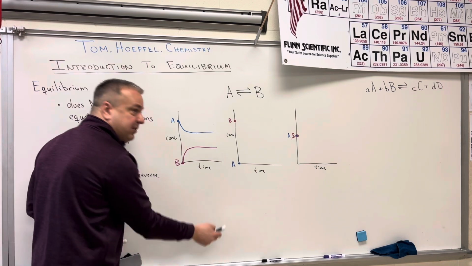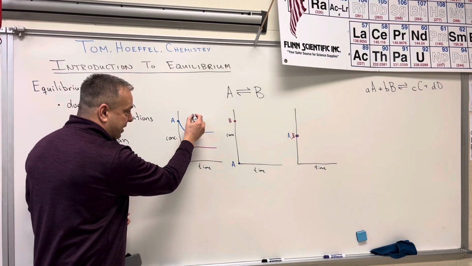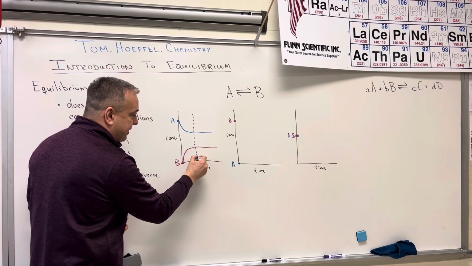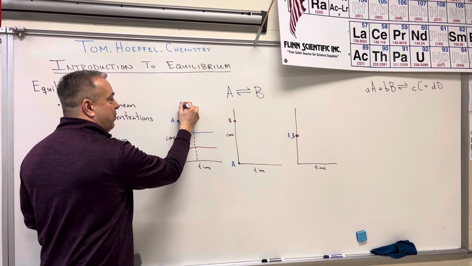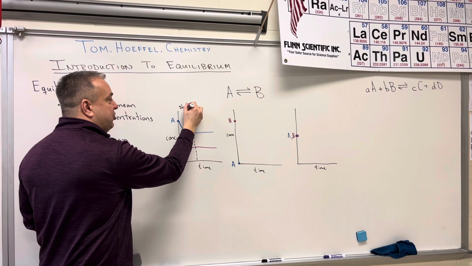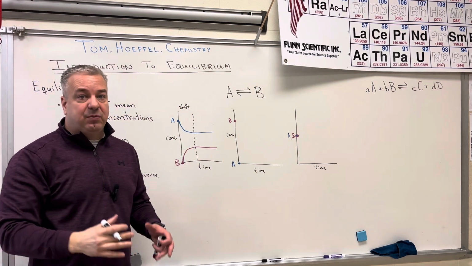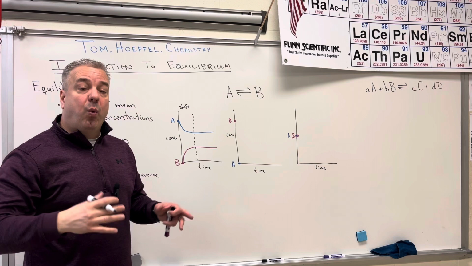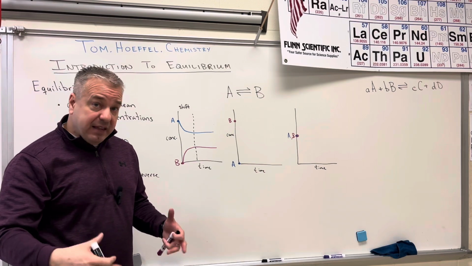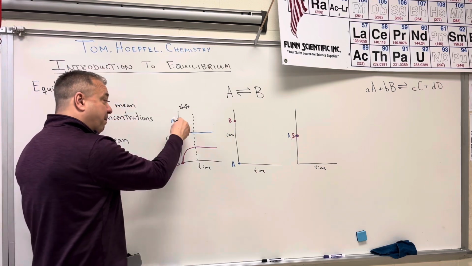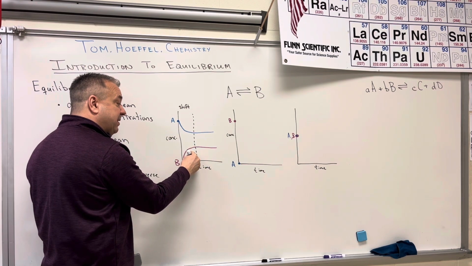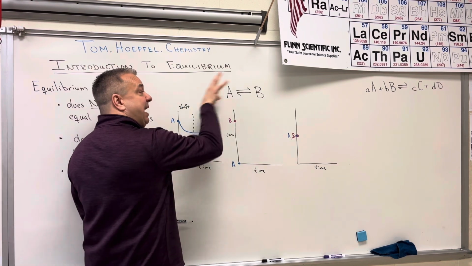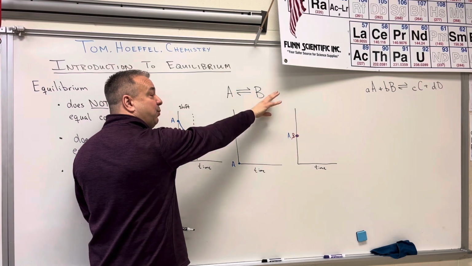So there's two parts of this graph, and I'm going to draw a dotted line right there. On the left-hand side of this line is where the reaction is shifting. And that means when it's shifting, one rate is faster than the other rate. Based on this shift, and seeing that the A is being consumed and the B is being produced, I'm saying this is shifting to the right.